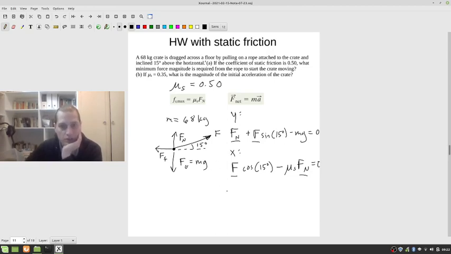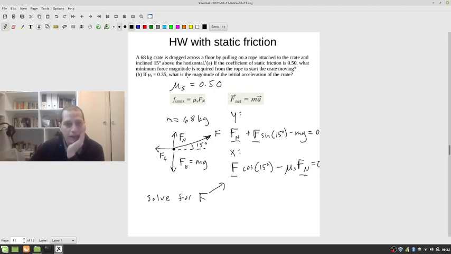So you're going to use your algebra and solve for F. One thing you could possibly do is solve this for Fn and then put that in here and then solve by elimination, for instance.